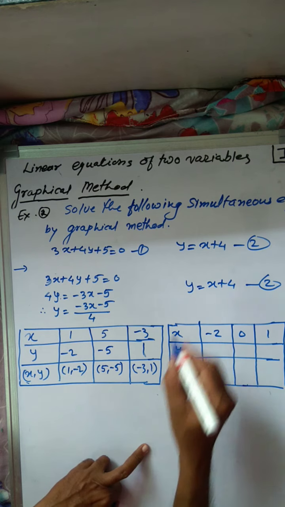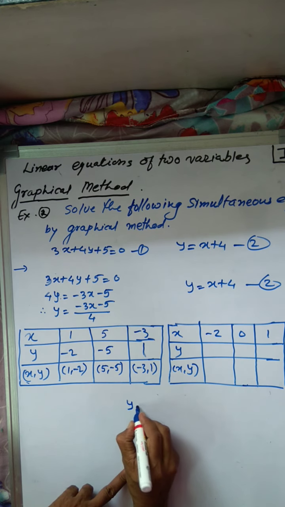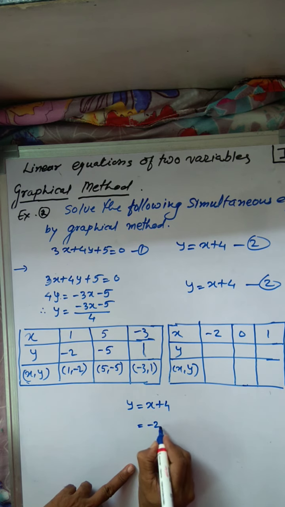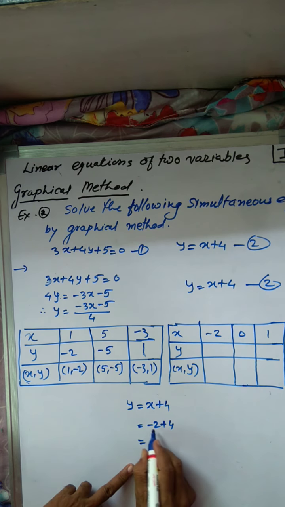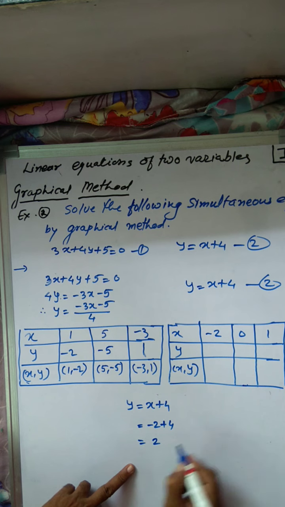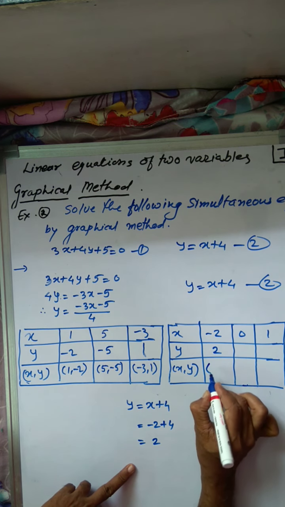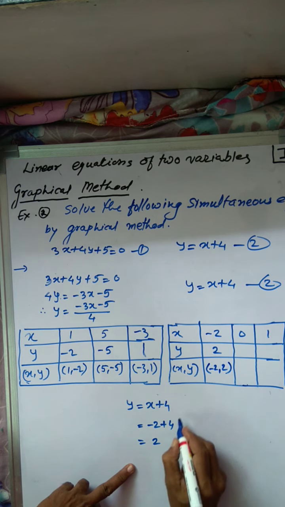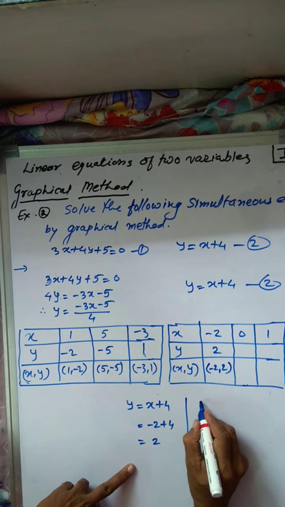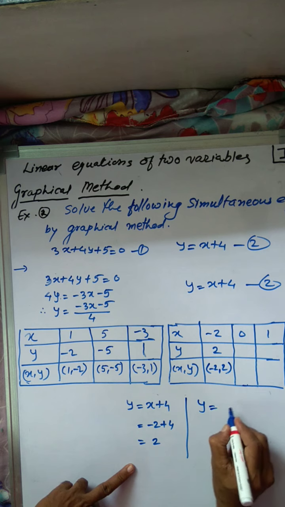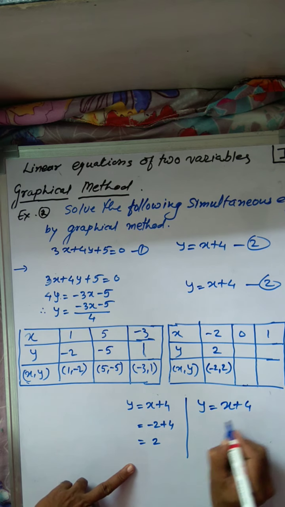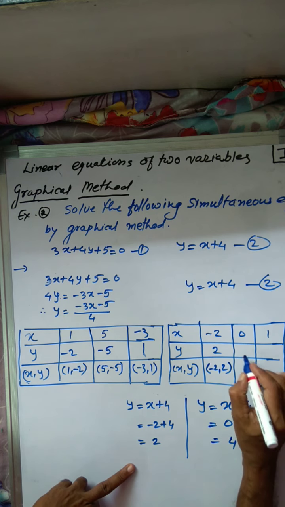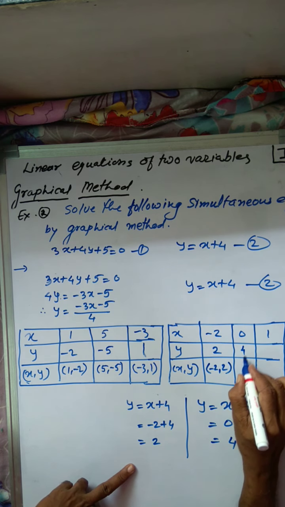Substitute these values in the equation. First we get y is equal to x plus 4. Substitute minus 2 here. Minus 2 plus 4, which is plus 2. Then the first point becomes minus 2, 2. Similarly, put x is equal to 0, plus 4. We get 4. The second point becomes 0, 4.